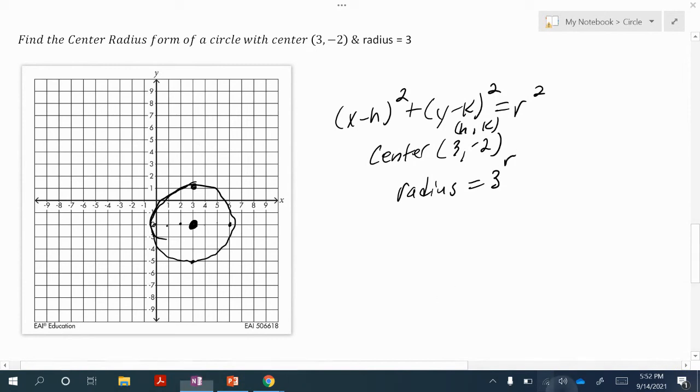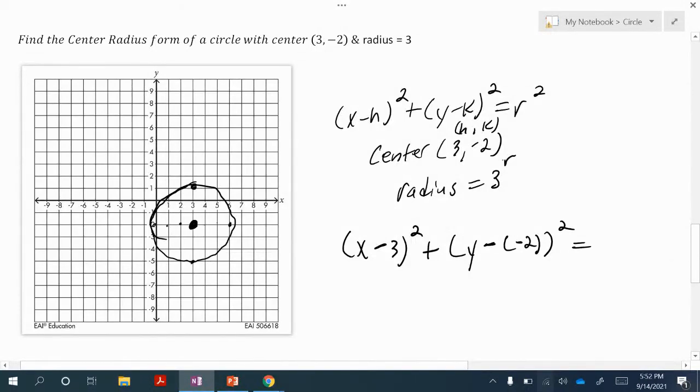So we're going to substitute these things in. We have x minus h, and h is 3, quantity squared, plus y minus k, which is -2, so we must be careful to substitute in -2.